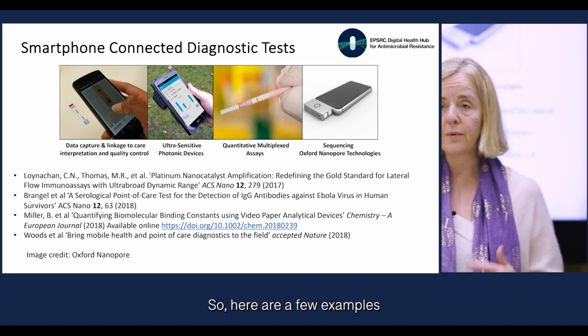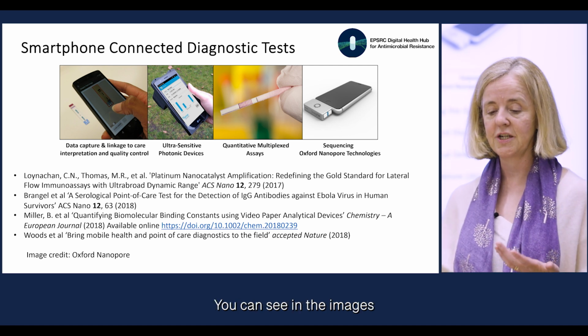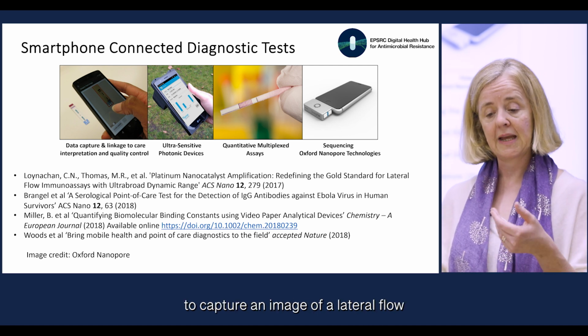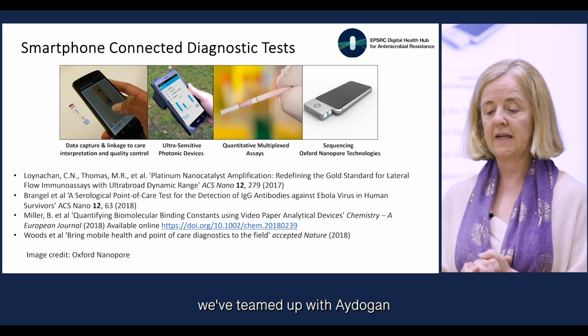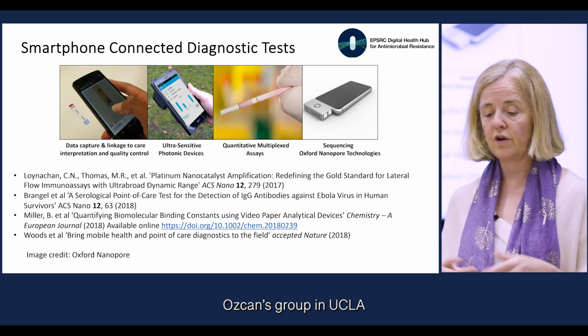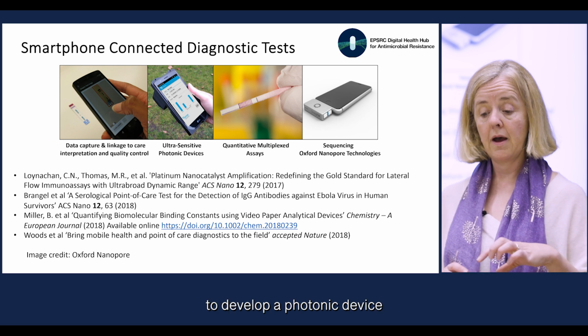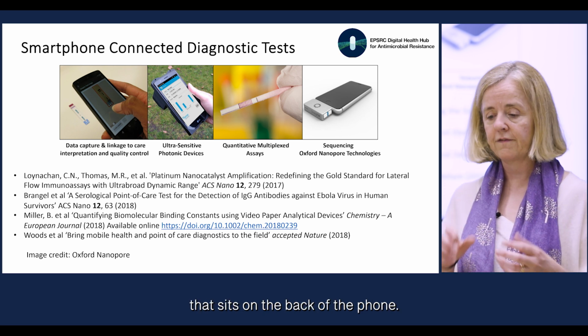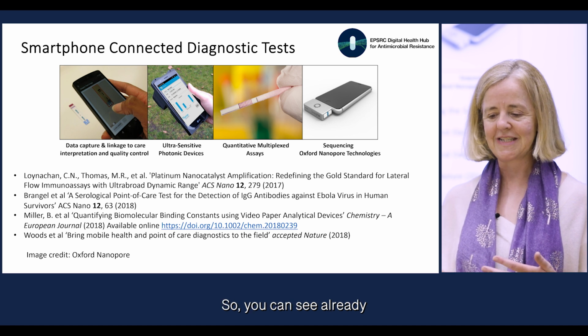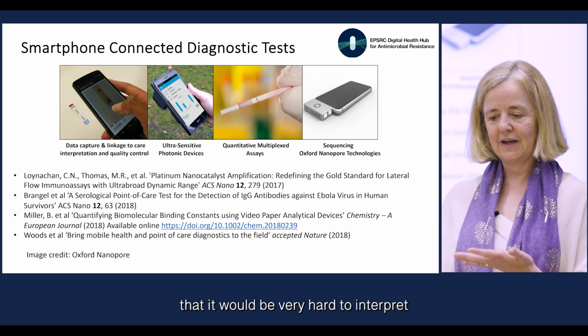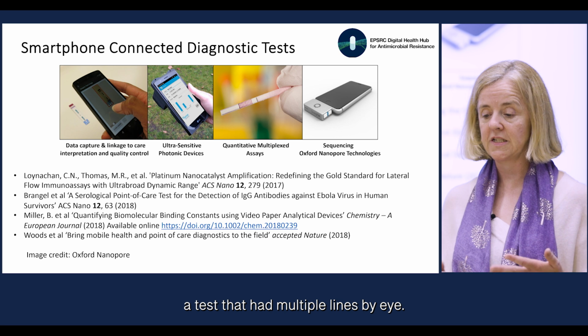So here are a few examples from my own team that you can see in the images. You can use a smartphone camera to capture an image of a lateral flow strip on the left. In the middle, we've teamed up with Aydogan Ozcan's group in UCLA to develop a photonic device that sits on the back of the phone. We're looking at highly multiplexed assays, so you can see already that it would be very hard to interpret a test that had multiple lines by eye.